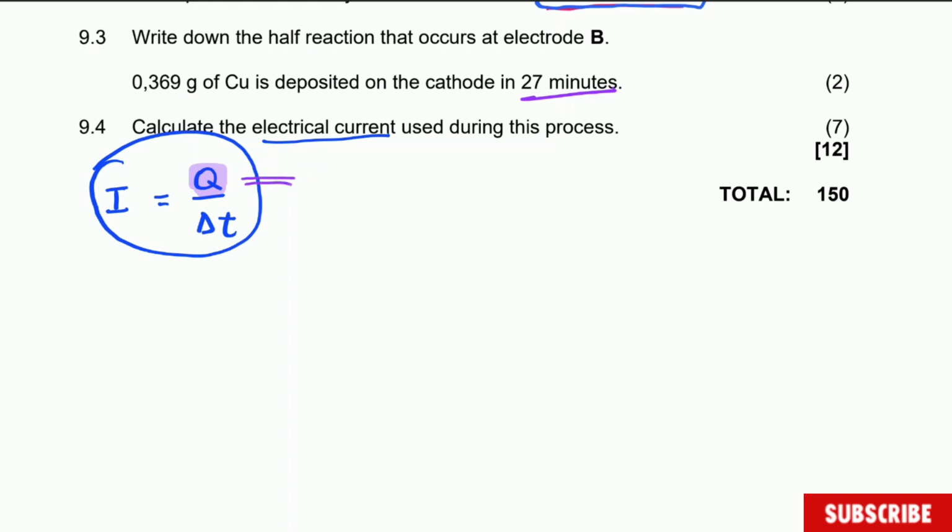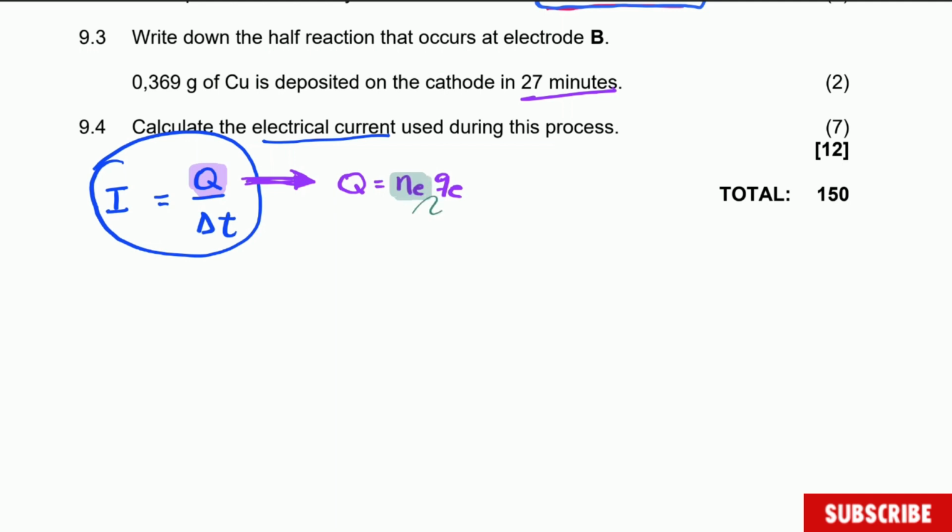How can we calculate charge? We have to go all the way back to grade 11 electrostatics, where charge is equal to the number of electrons multiplied by the charge of an electron.